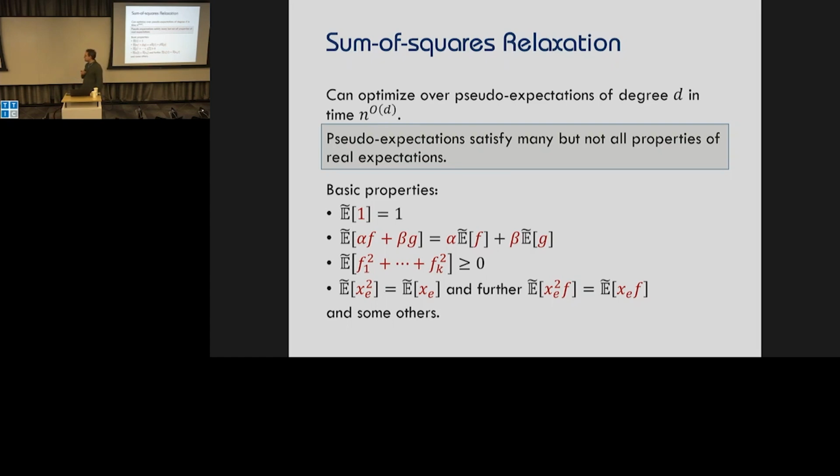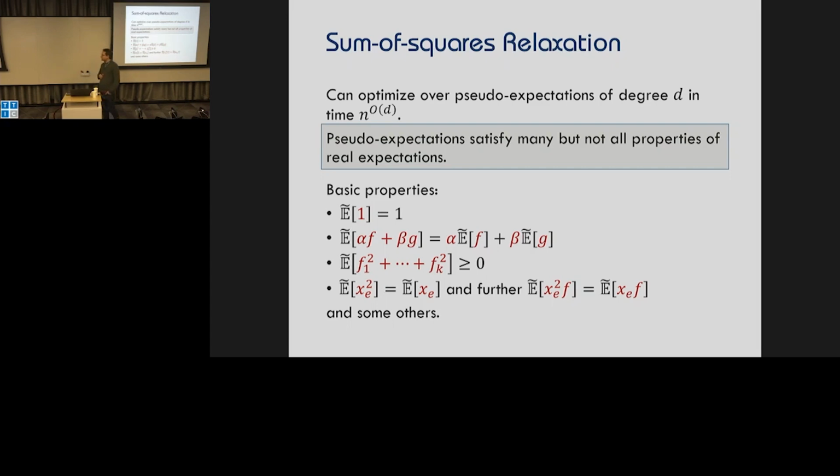Now, another key property is that the pseudo expectation of a sum of squares is greater than or equal to 0. So for any polynomials f1, etc., fk, the pseudo expectation of the sum of their squares is greater than or equal to 0. Because of this property, this type of relaxation is called sum of squares.